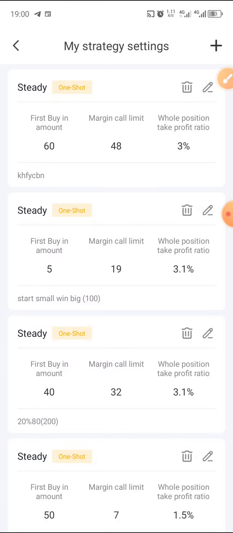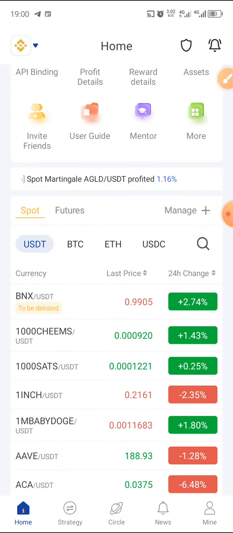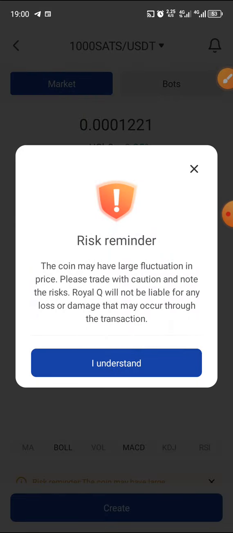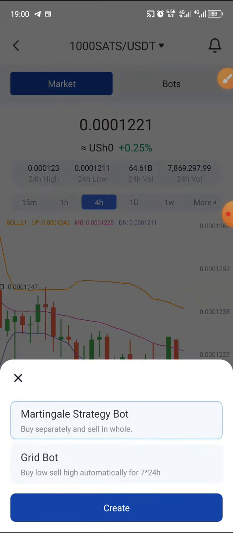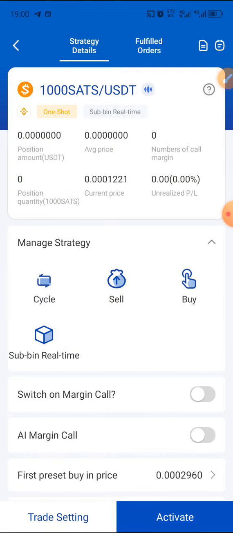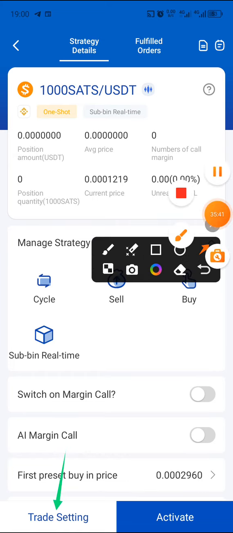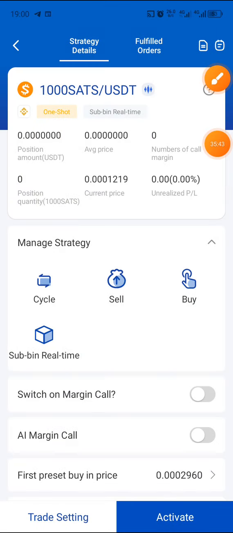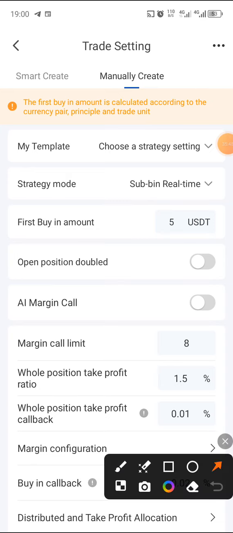So when you come to enter the coin, any coin of your choice, let's say 1,000 sats, you click on it, click on create martingale strategy bot, again create, click I understand, come to trade settings, then come to manually create here.